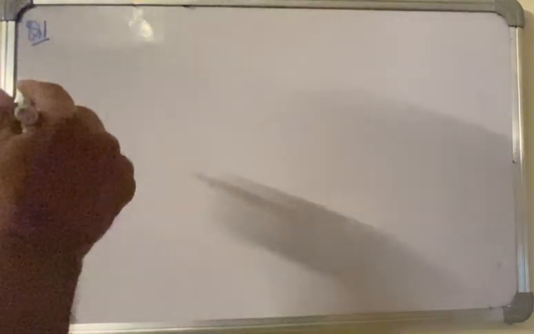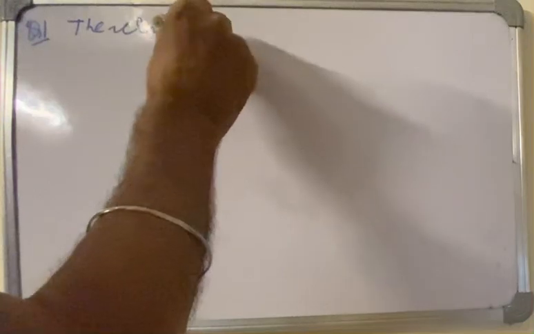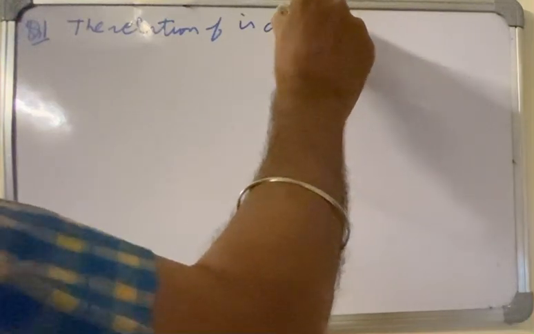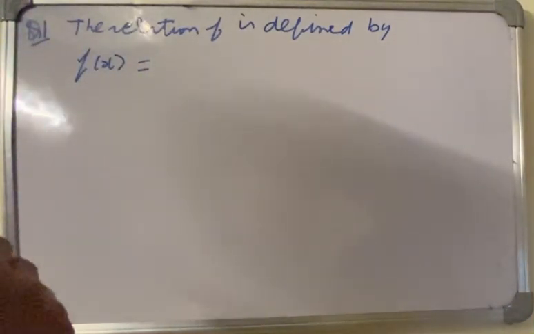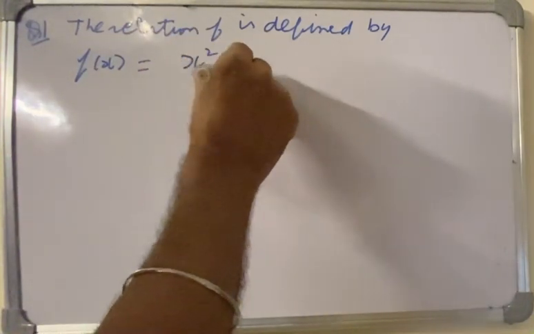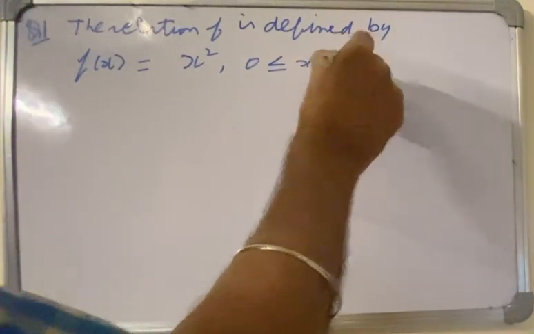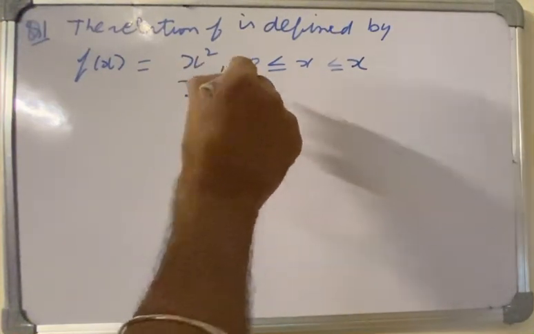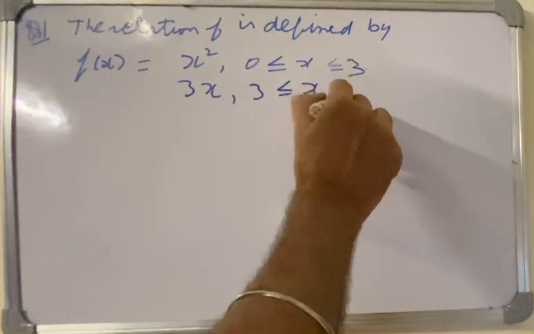The relation f is defined by f(x) is equal to x squared, for 0 less than equal to x less than equal to 3, then 3x for 3 less than equal to x less than equal to 10.